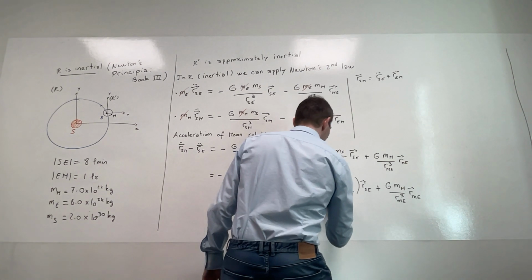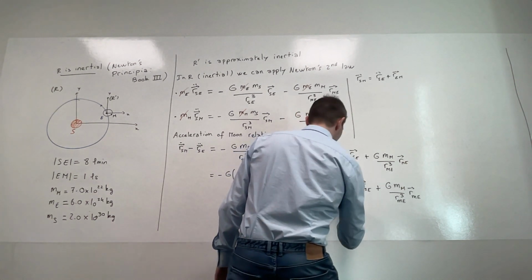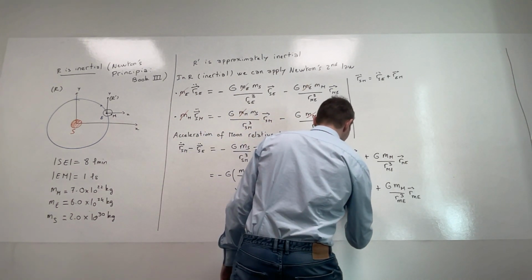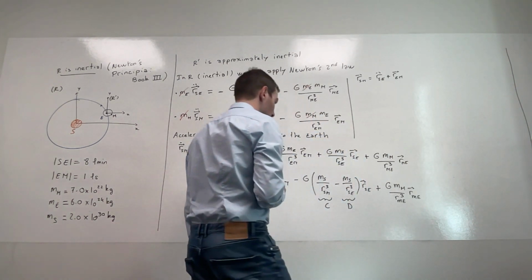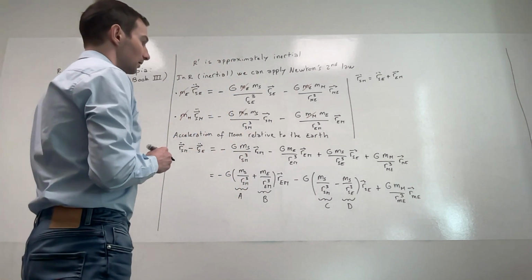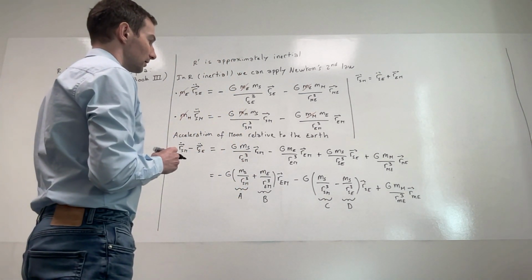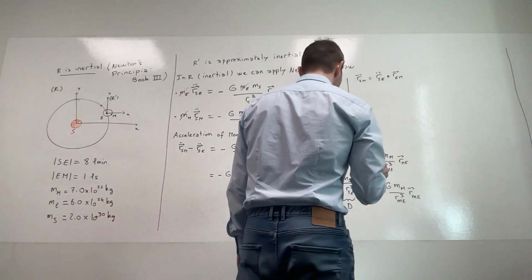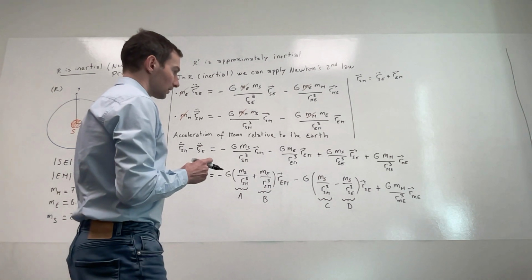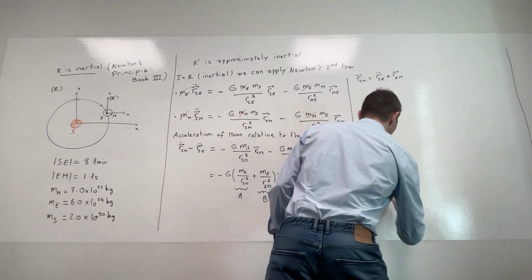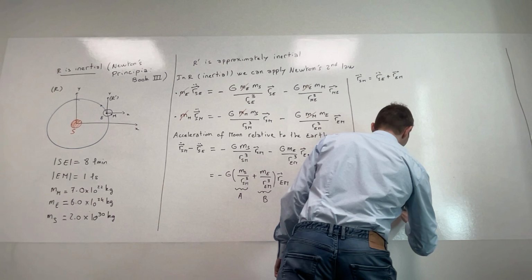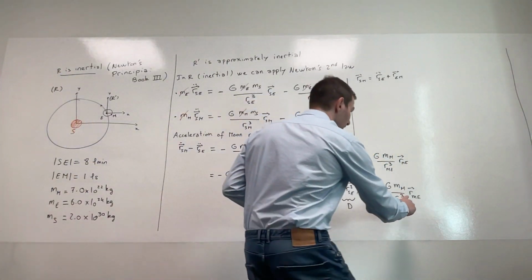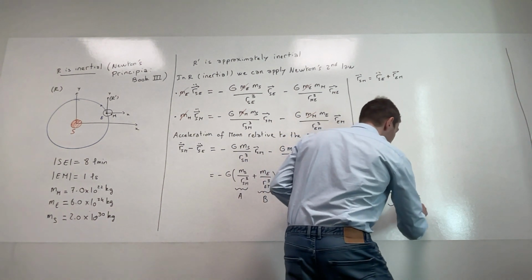So here I've got C, and then here I can also say that I've got D. Okay, and then here I've got E. And by the way, here this is a capital M.